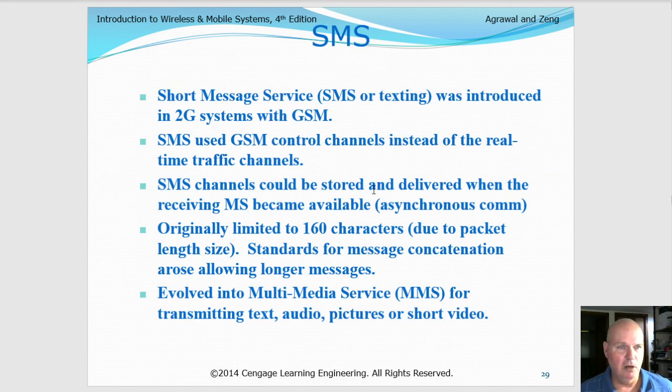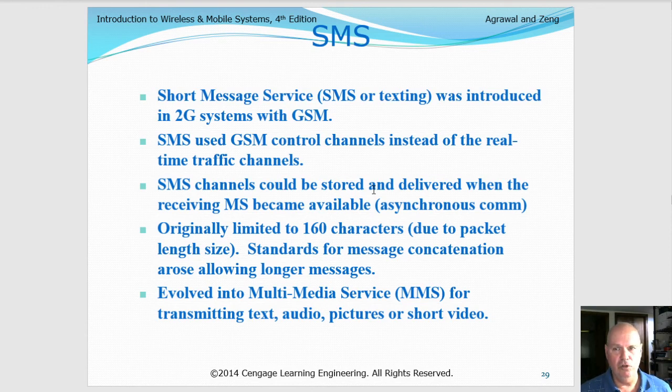Okay. Then another new feature added in second generation phone systems was the short messaging service, or SMS, or texting, and that was introduced with the GSM service providers. It actually used the control channels instead of any of the real-time traffic channels that were used for voice, for example.